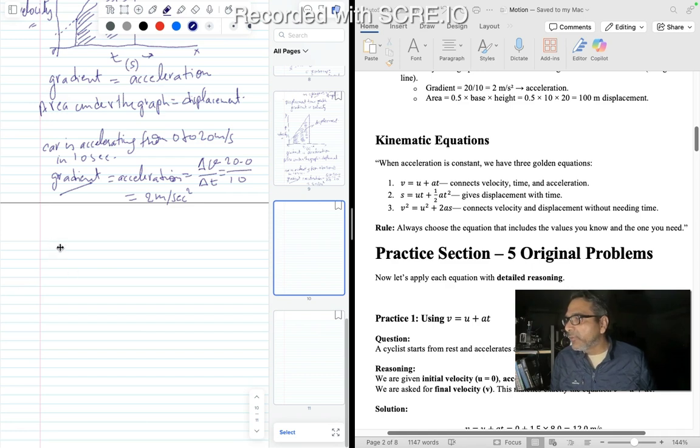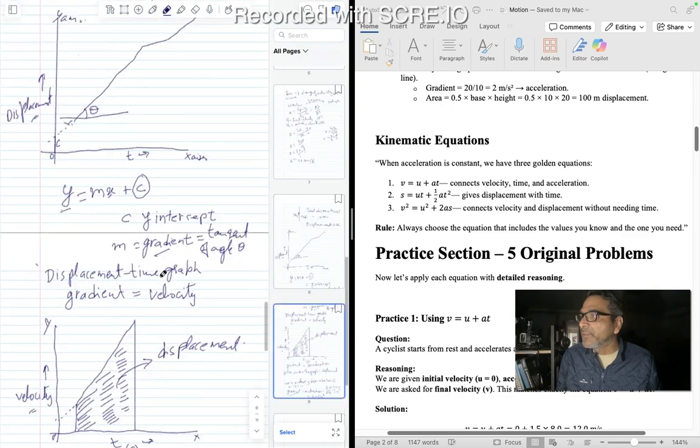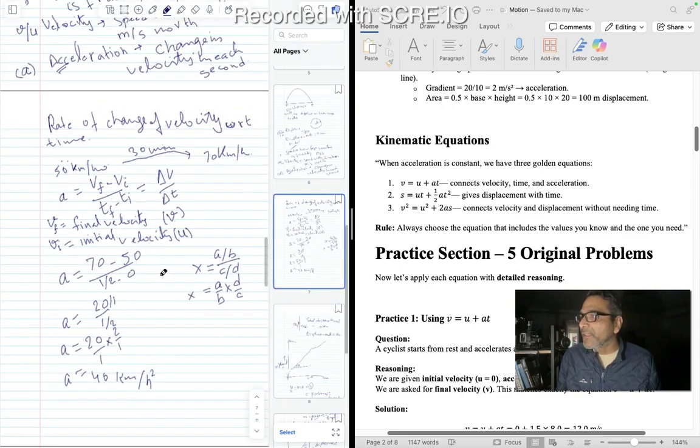So the topic will be kinematic equations. Why is it not showing here? We have already covered that, right?